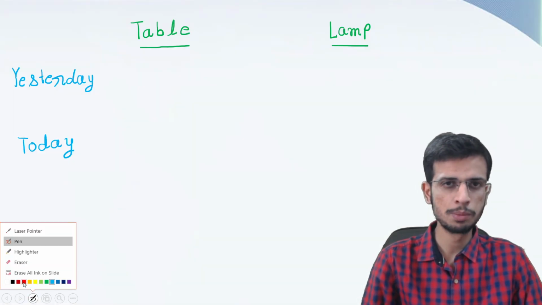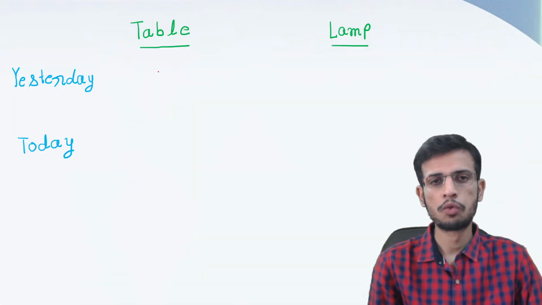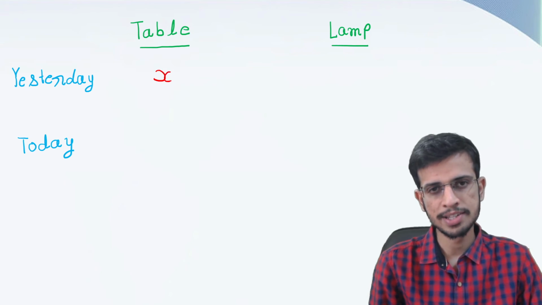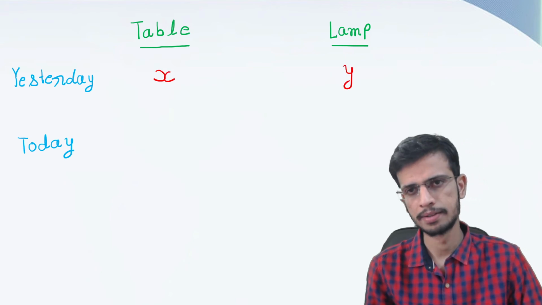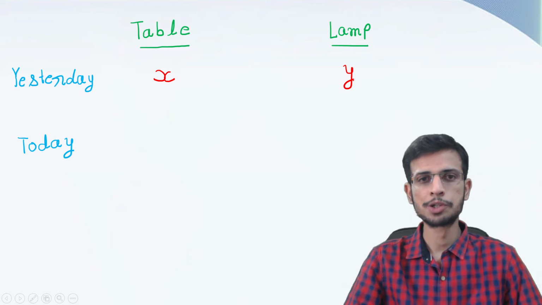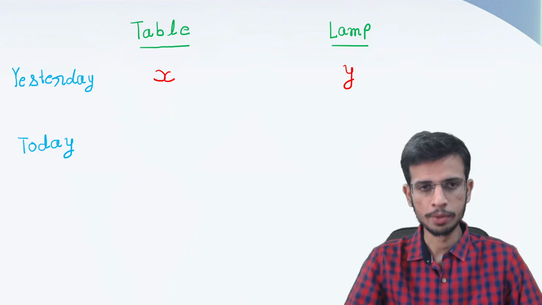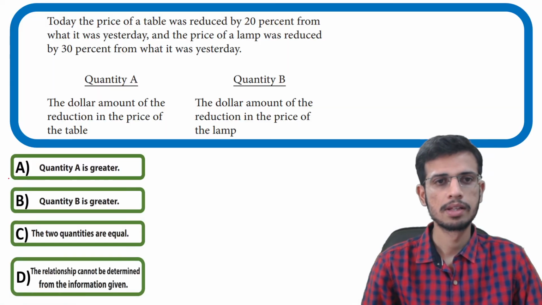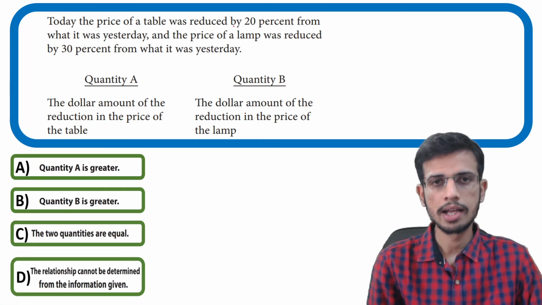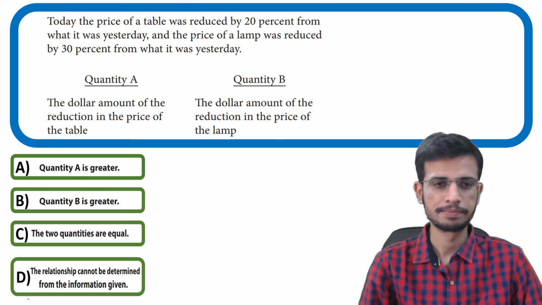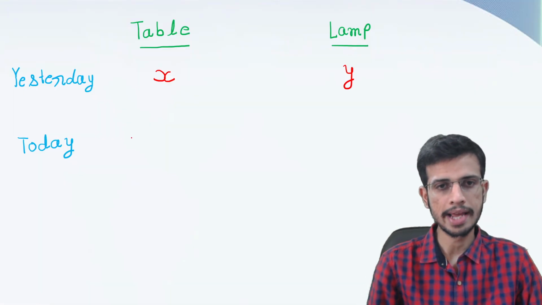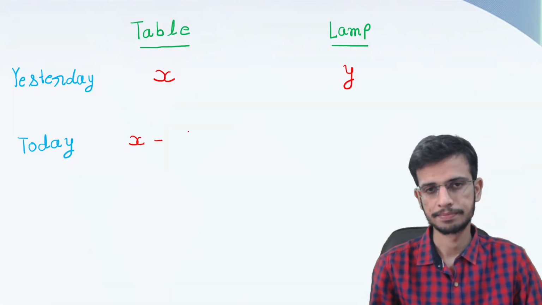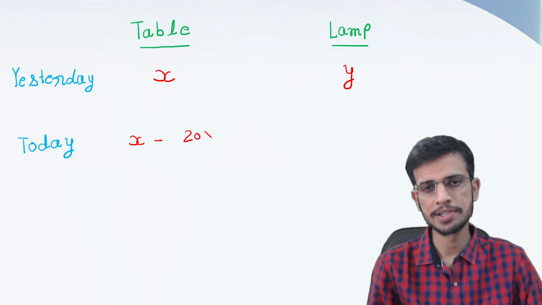So we can assume yesterday's price of a table is X and yesterday's price of a lamp is Y. We can assume these values. What will be today's price? It reduced by 20%, so it will become X minus 20% of X.